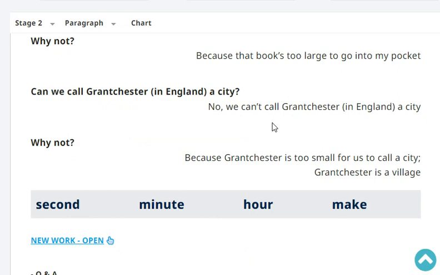No, we can't call Grantchester a city. Why not? Because Grantchester is too small for us to call a city. Grantchester is a village.